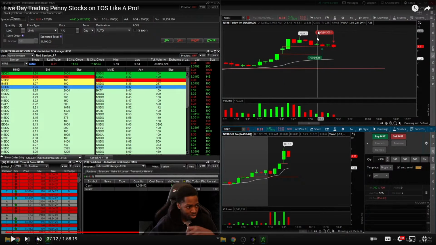And so from 840 to $9 is 60 cents, plus an additional 10 cents if it gets back to the highs. 70 cents. I would be risking 20 cents to make 70 cents. So there's a 3 to 1 ratio, 3.5 to 1 ratio in this same exact trade if I have my stop a little bit bigger.